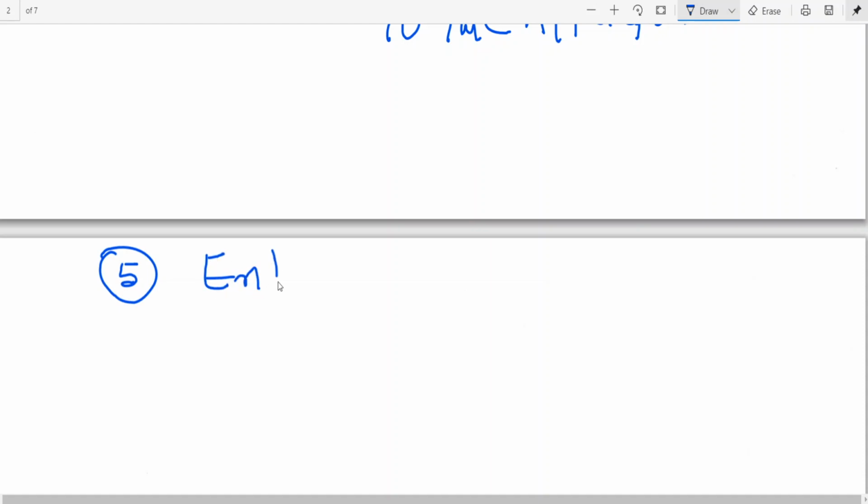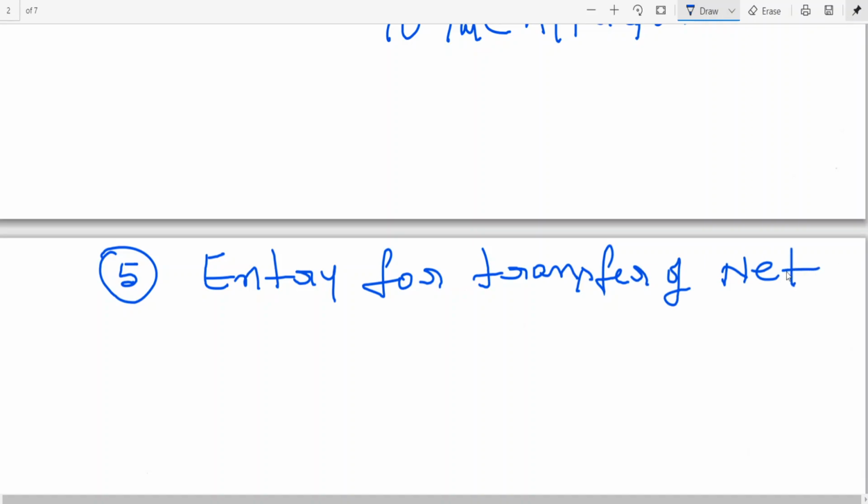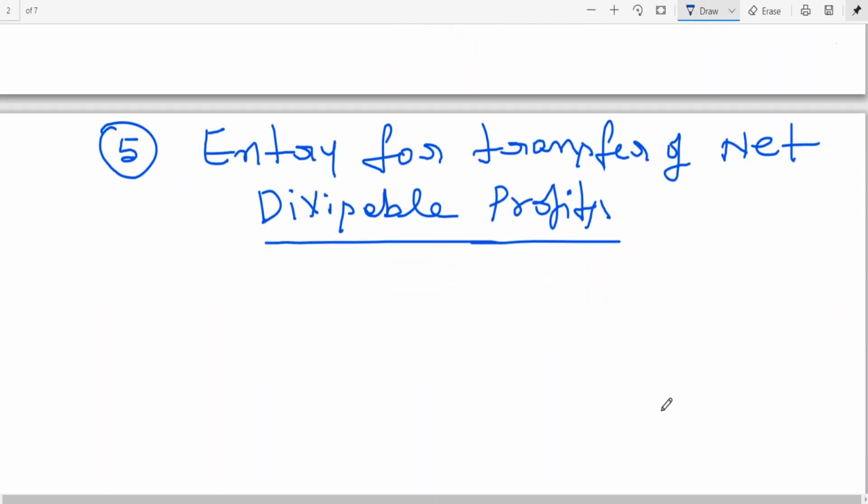Finally, the fifth entry will be the entry for transfer of net divisible profit. Net divisible profit means the profits which are to be distributed to partners. What is the entry?